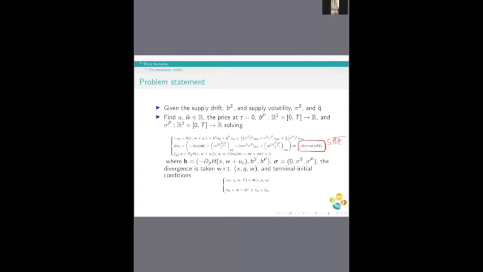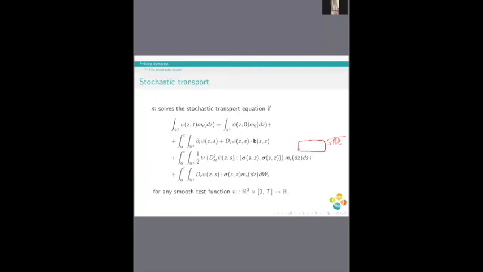And of course, you may be wondering, what does it mean to be a solution of this stochastic PDE? The definition is just being a solution in the weak form, meaning that you have an identity that you get by multiplying the equation by a test function and integrating by parts.